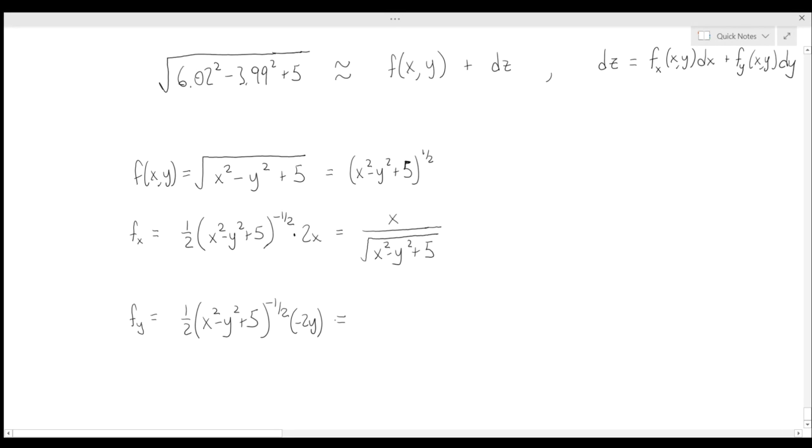But that leaves me with a negative y. And then for this term, again, I'm going to move it to the denominator because of the negative exponent. And because of the half, I'm going to rewrite it with a square root. All right, so that gets me all the partial derivatives that I need.